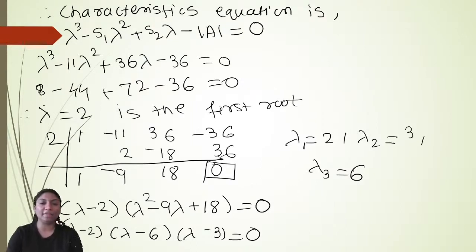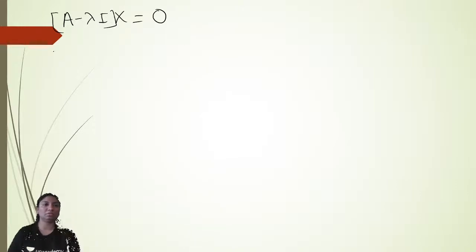Again we will calculate the eigenvectors using the same method. So A minus lambda I into x is equal to 0.